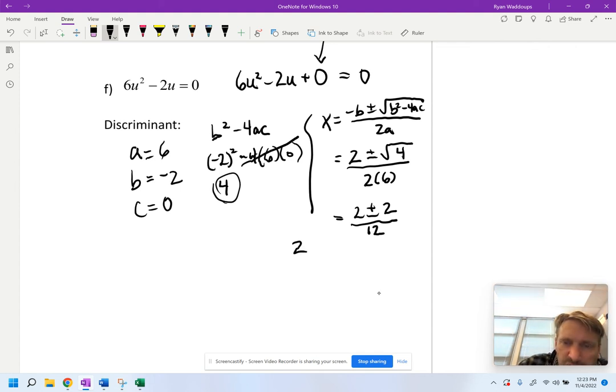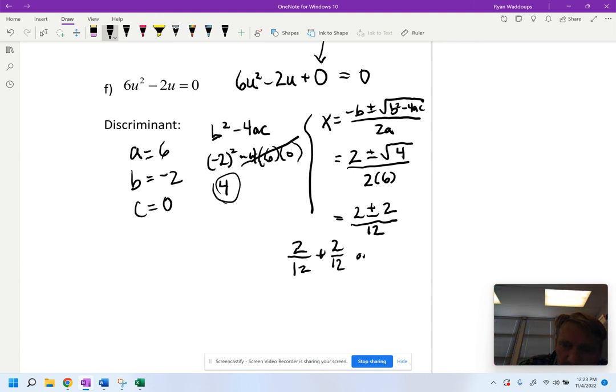And this is the same as 2 twelfths plus 2 twelfths, or 2 twelfths minus 2 twelfths.